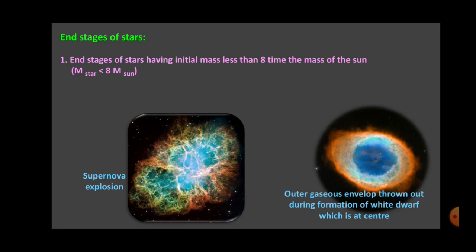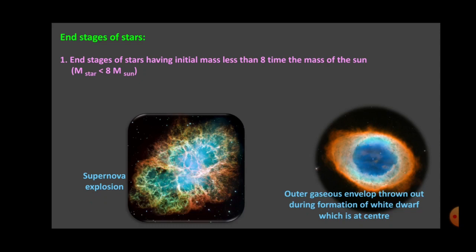Now, at this time, these stars explode and their outer gas envelope is thrown out, and the inner part contracts and its size becomes almost similar to the size of the earth. Now in this state, the star looks white, and due to its very small size, it is called a white dwarf.